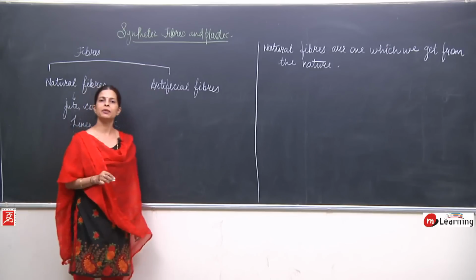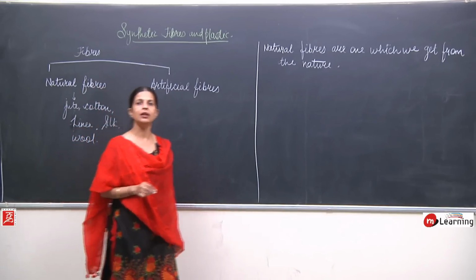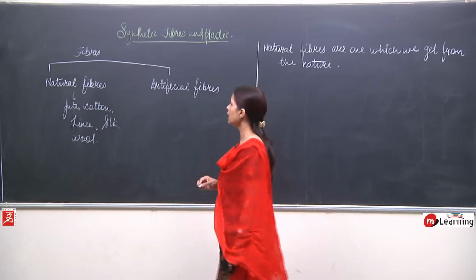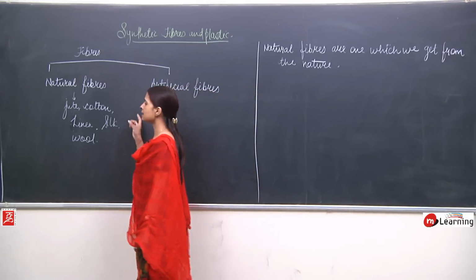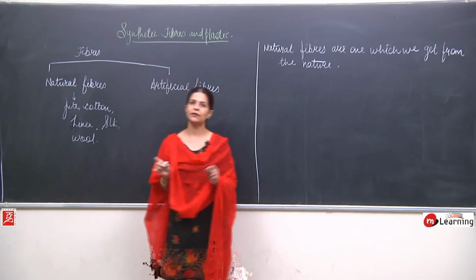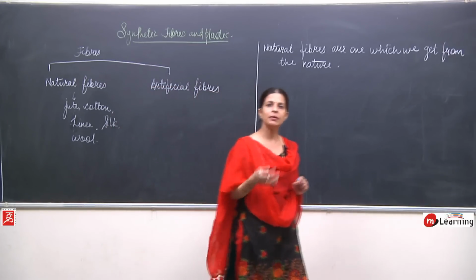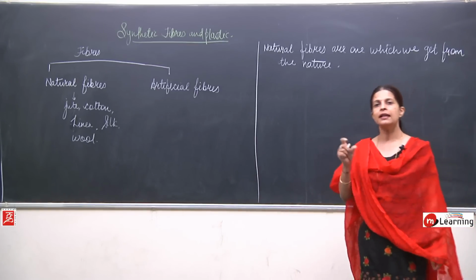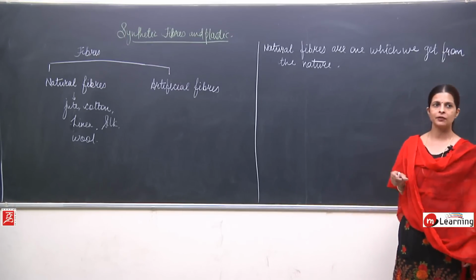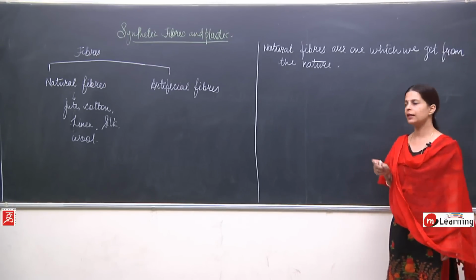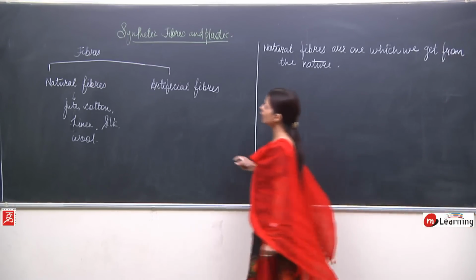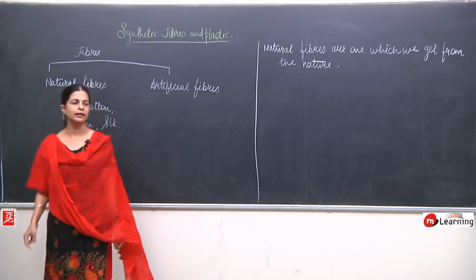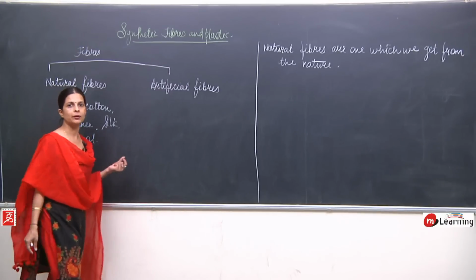So, there can be various examples of natural fibers. What is the meaning of natural fiber? Natural fibers are the ones which we get from nature. The word nature itself suggests this. So, here I have written the examples of natural fibers: jute, cotton, linen, silk and wool.